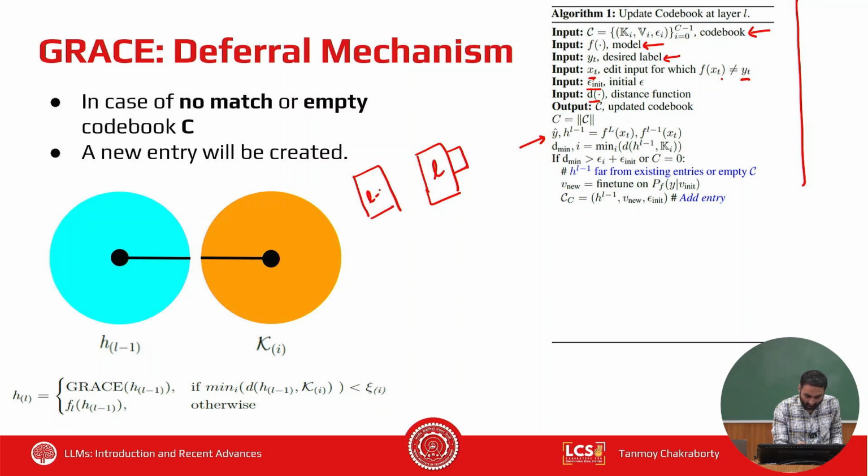Now x_t is the input to the model, and this is the output of the (L minus 1)th layer, and we denote this by h_{L-1}. So the output that I obtained from this (L minus 1)th layer is h_{L-1}.